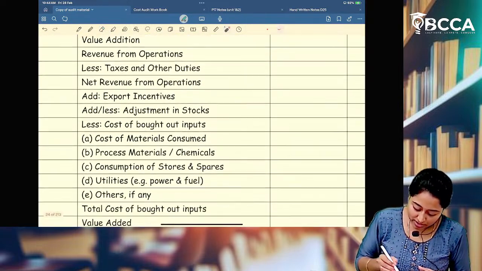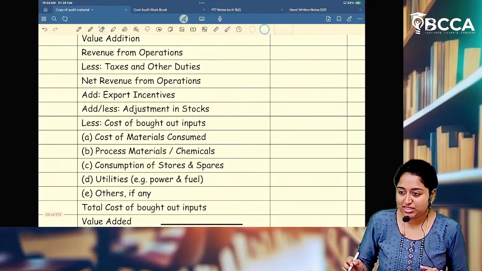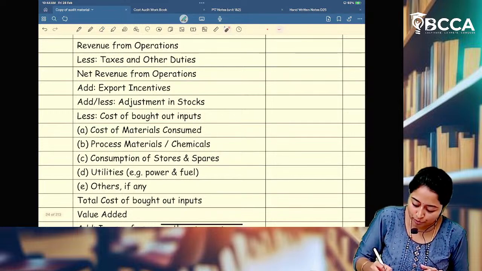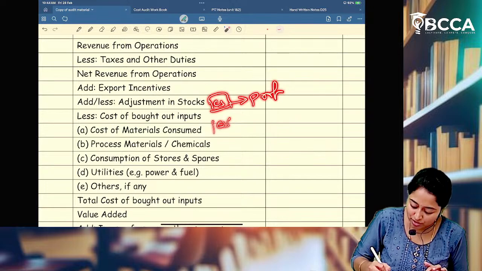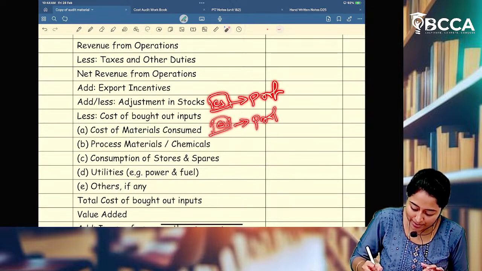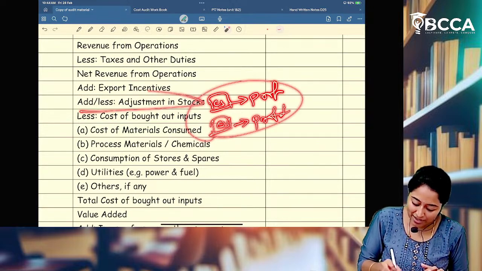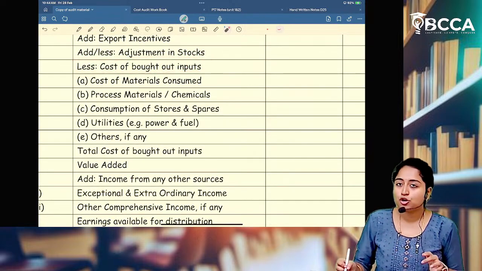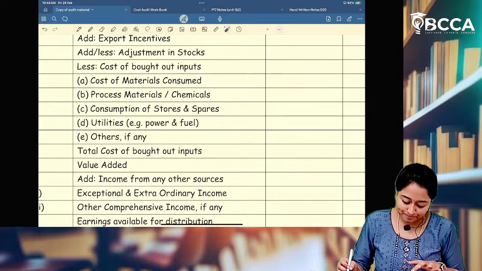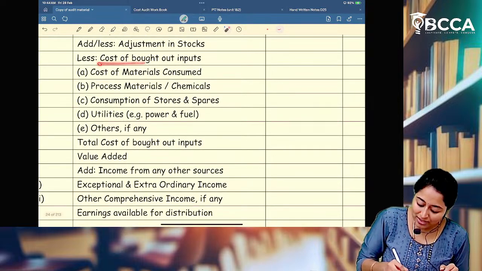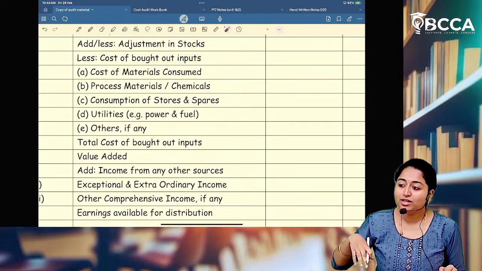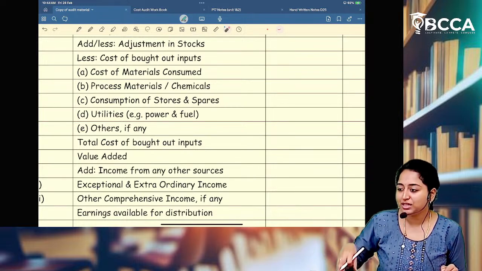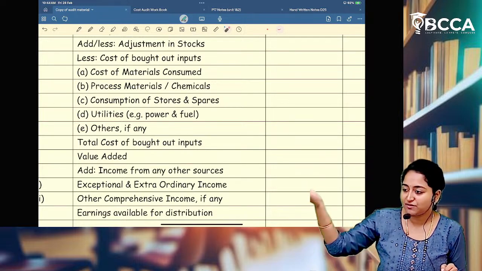Now, here you'll add or less the adjustments. So regarding that, if closing stock is there, profit will have the same effect, and if opening stock is there, profit will have the adverse effect. Based on that, you will add or less the stock adjustments, and then you will move to less cost of bought out inputs. Now, what are the bought out inputs? What all you are purchasing from the outside will be your cost which is given to the outside, right?